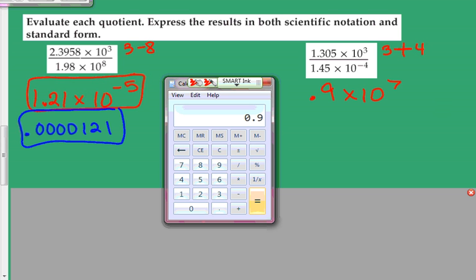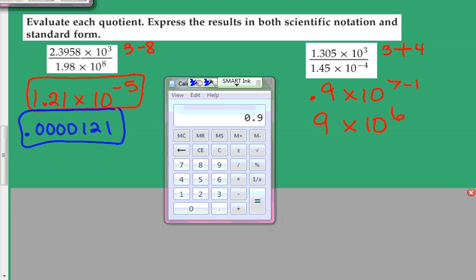And this one's interesting because now I've got to move back to the right 1 time to put that between 1 and 10 to make it a whole 9 times 10. When we go to the left, we added 1. When we go back to the right, we've got to subtract 1. So that'll be 9 times 10 to the 6th power.